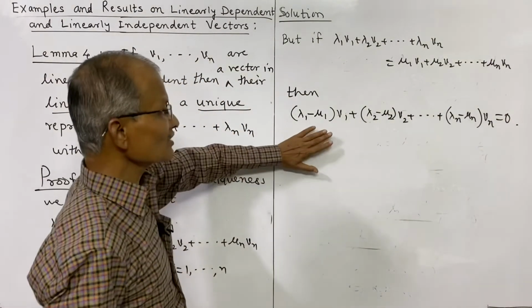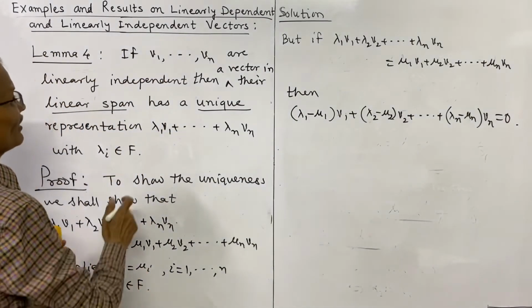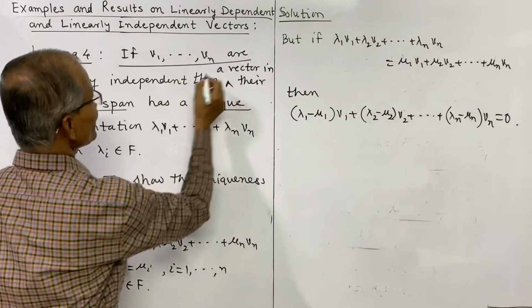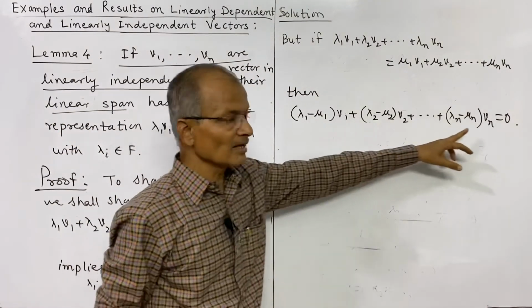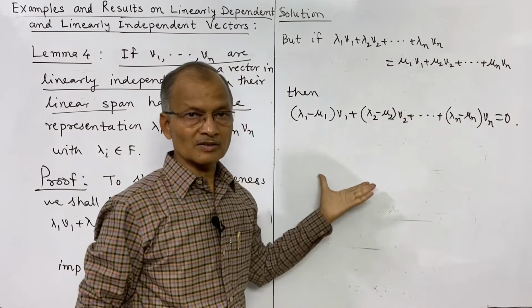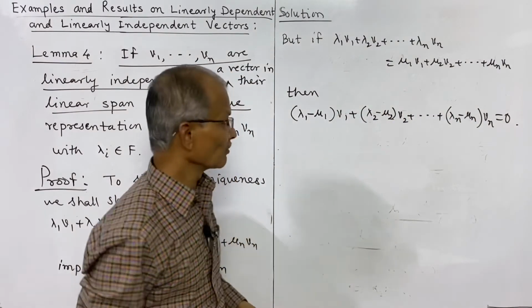Now what we use is that V1, V2, Vn are linearly independent. If these vectors are linearly independent, then each scalar in their combination must be equal to 0.